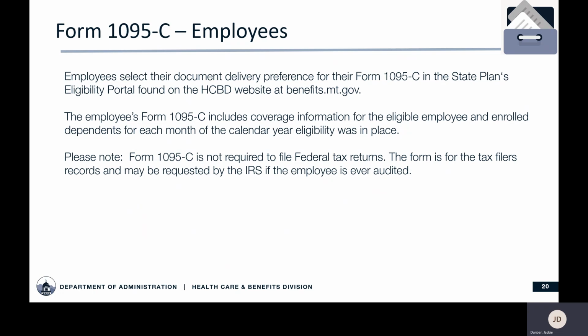The employee's Form 1095-C includes coverage information for the eligible employee and enrolled dependents for each month of the calendar year eligibility was in place. Please note, Form 1095-C is not required to file federal tax returns. The form is for the tax filer's records and may be requested by the IRS if the employee is ever audited.